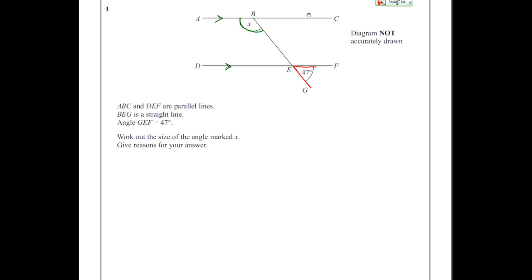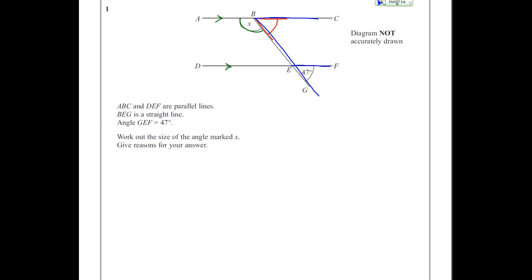Now, what you should know about parallel lines is that if you can draw an F on your parallel lines, and we can draw an F here, then the two angles underneath the little lines out of the F's are the same. The way I visualize it is just sliding this angle along, and it's the same here.